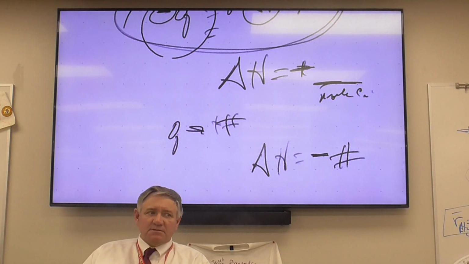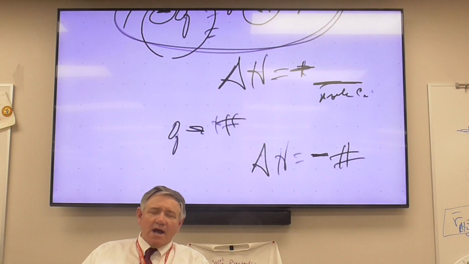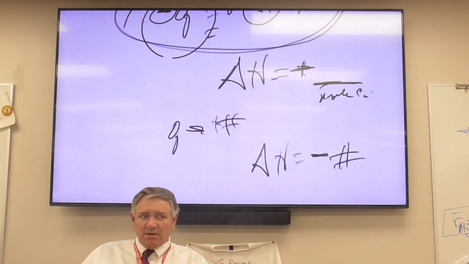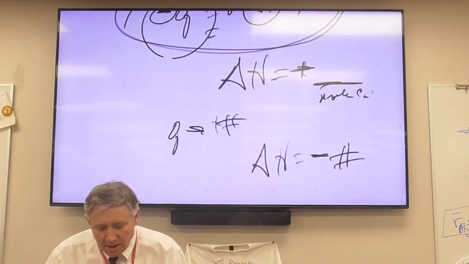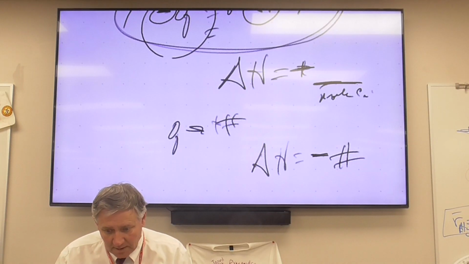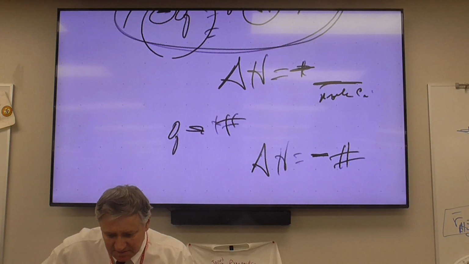Does that make sense? This is why you have to watch the signs. You have to watch the vocabulary. Temperature goes up, temperature goes down. Hopefully that answered a lot of those questions.